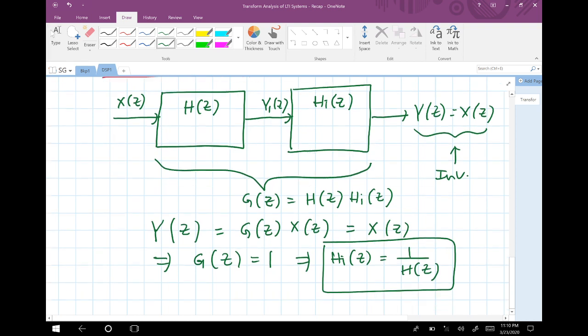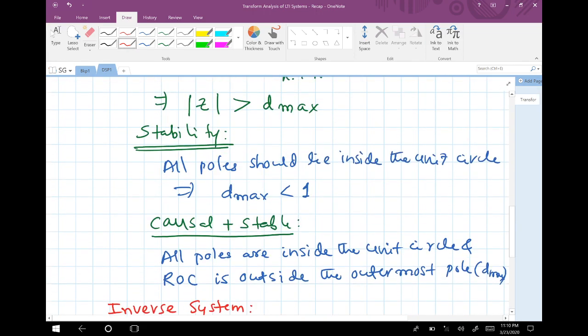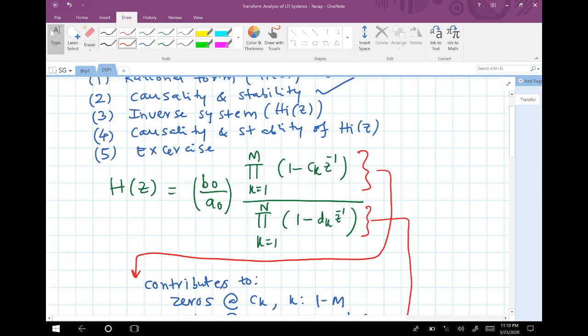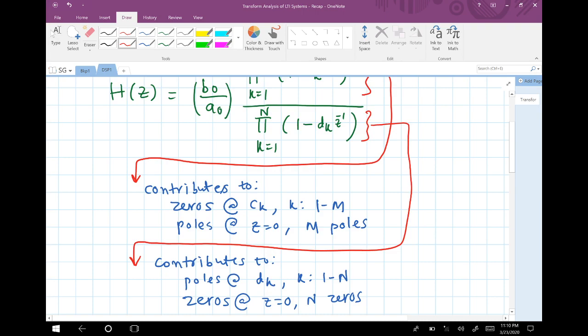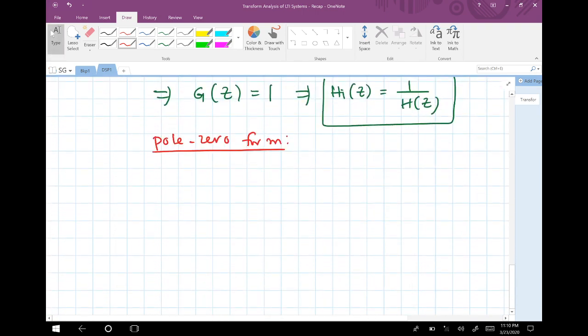Let's write the pole zero form of this inverse system, which we had earlier for H of Z. This is your H of Z here, so this is 1 by H of Z. Just make the numerator the denominator and the denominator the numerator.